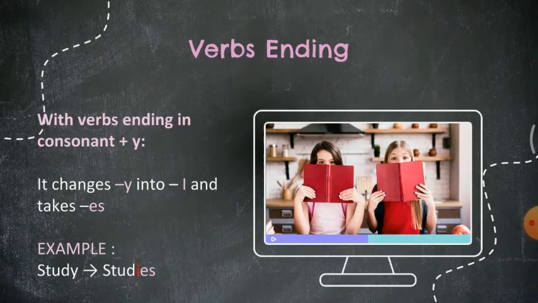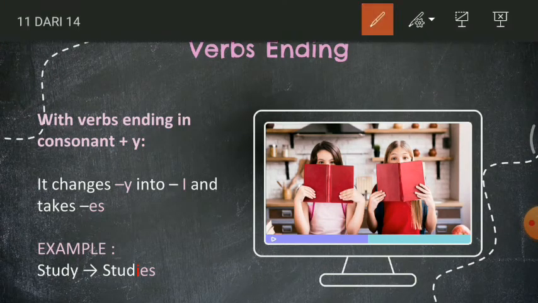Okay, continue. Like the word with a consonant plus y, the y changes into i and takes es. For example, study, so it means studies. The y changes into i.